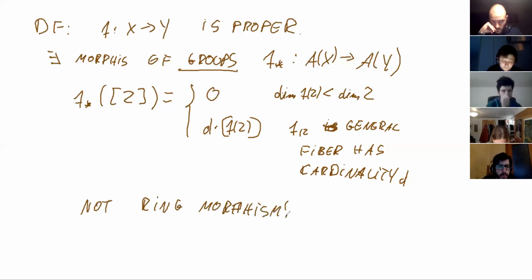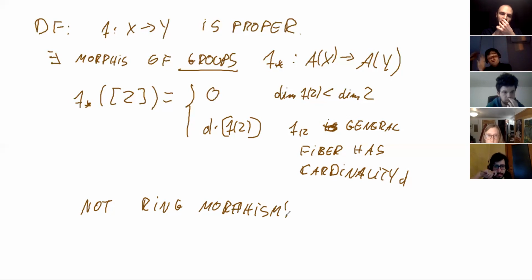Sorry, can you go through the definition again, because I think I lost you on this. Yes. So we have Z in X, and we look at the image of Z. It could be of the same dimension, or it could be of smaller dimension, depending whether the general fiber is infinite or finite.